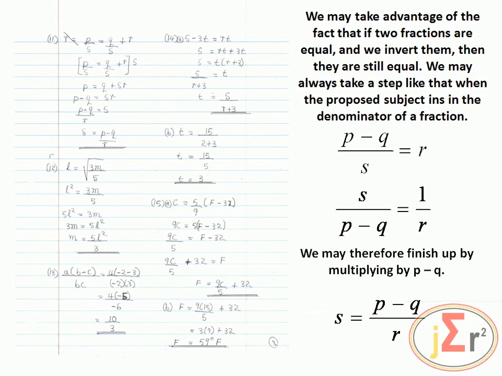And of course, what we have done right there is that we have taken the steps to ensure that the proposed subject remains on the left hand side, as opposed to eliminating the denominator by multiplication, which will cause the proposed subject to end up on the right hand side.